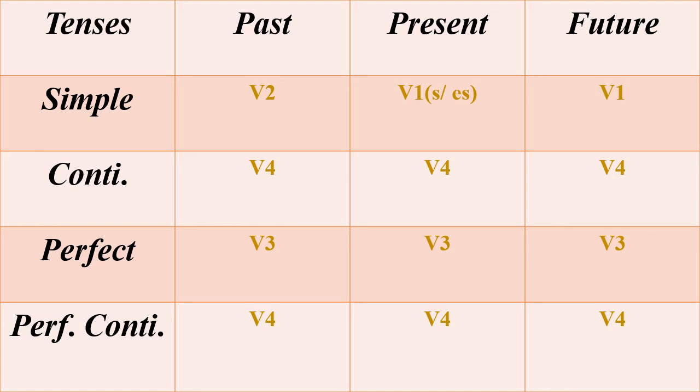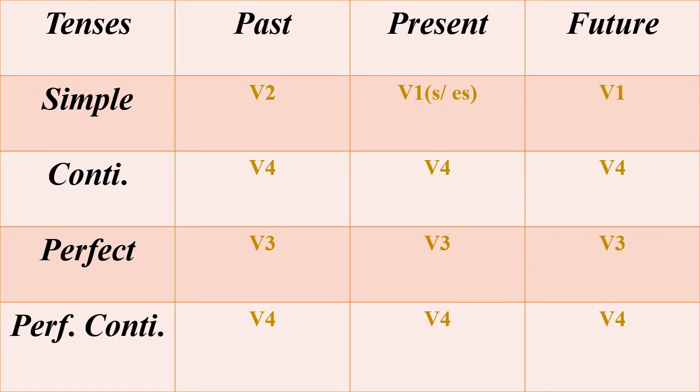For example, written, eaten, etc. Next, it comes with continuous, that is the second row. Here also we will place the V4 form, that is the ing form of the verb. For example, playing, writing, etc.